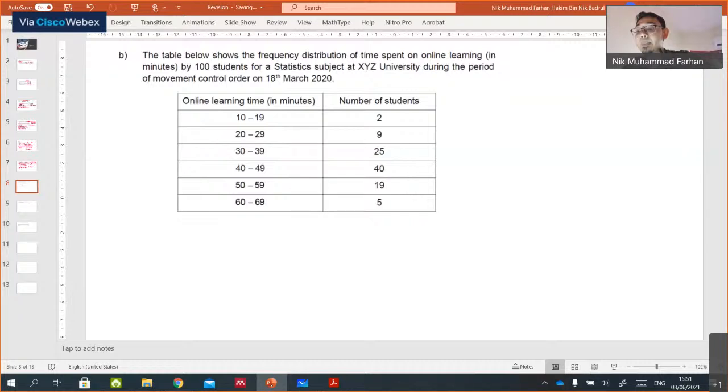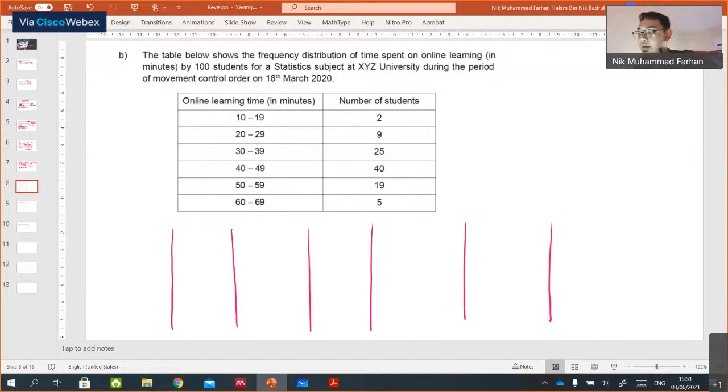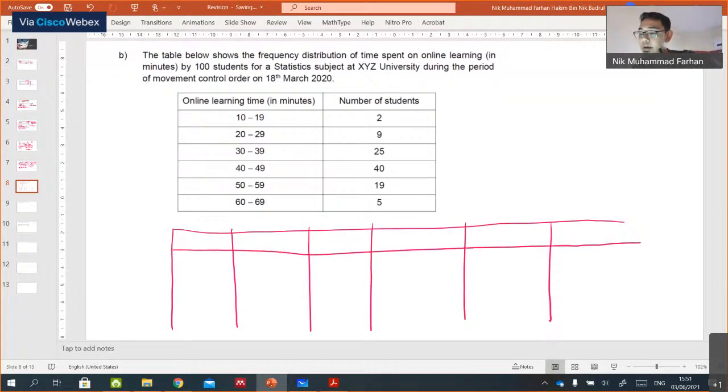First of all, when you have this type of question, you have to build this table. You have the boundary, the class interval, and then the frequency, and then maybe the cumulative frequency.